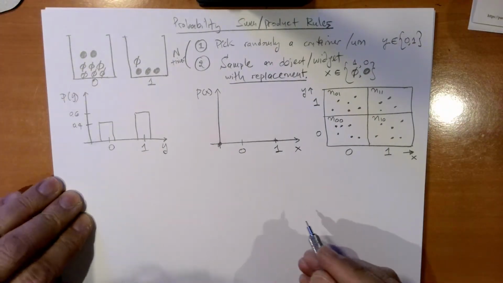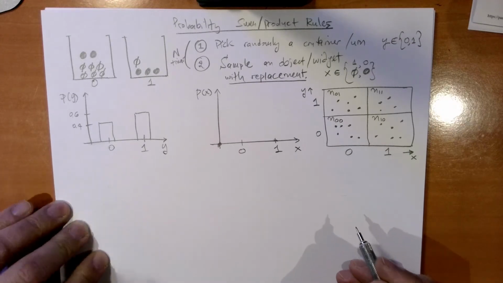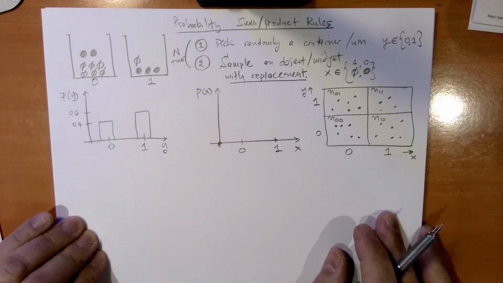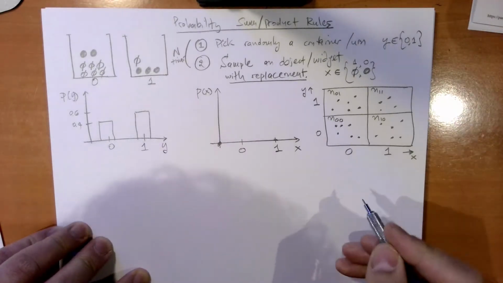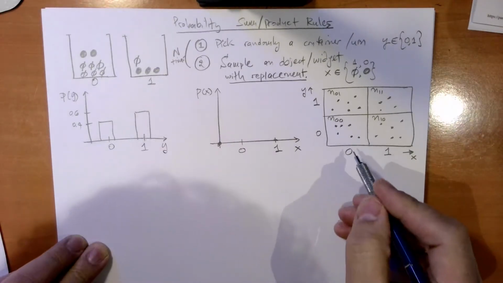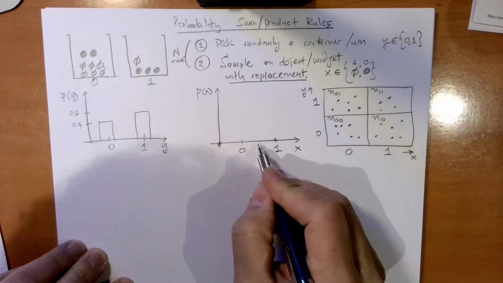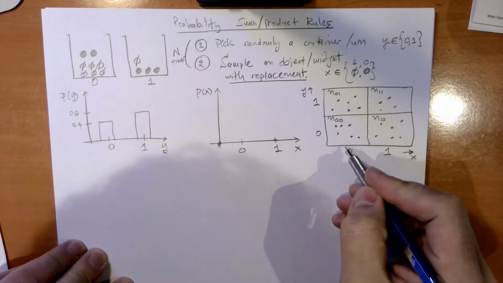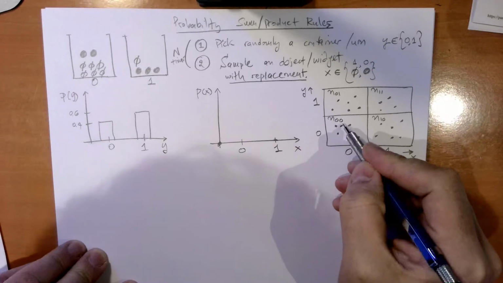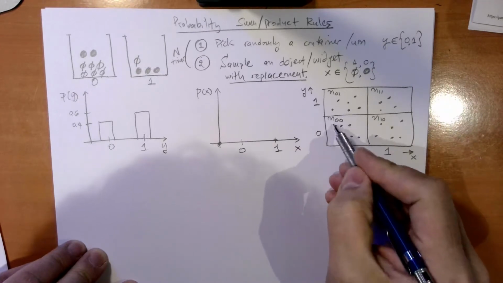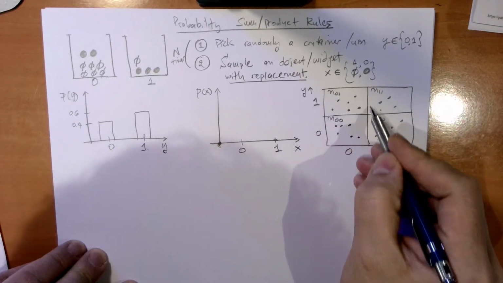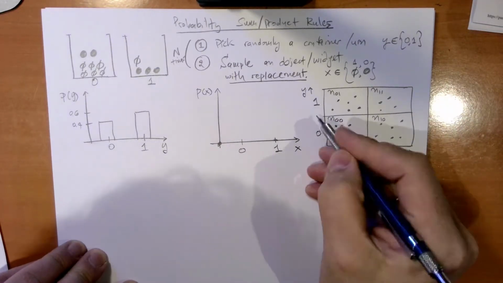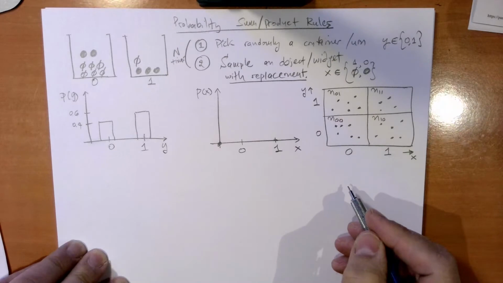Now we can start quantifying the probability distribution of x, because we have the data in front of us. The probability that x is 0 is given by summing these two events, n0,0 and n0,1. Effectively it is this area over here, irrespective of which urn was selected first.